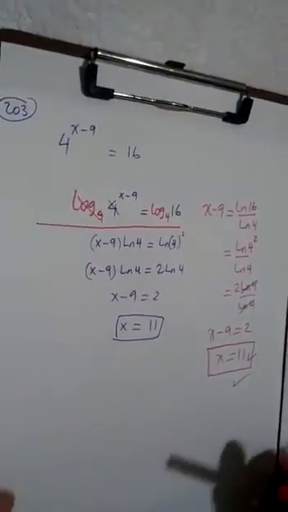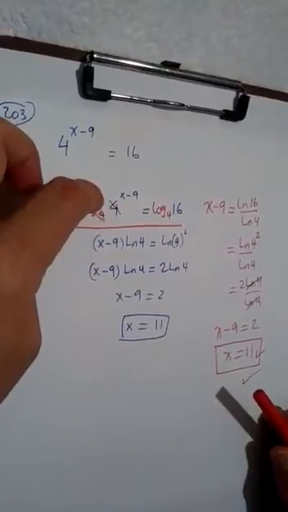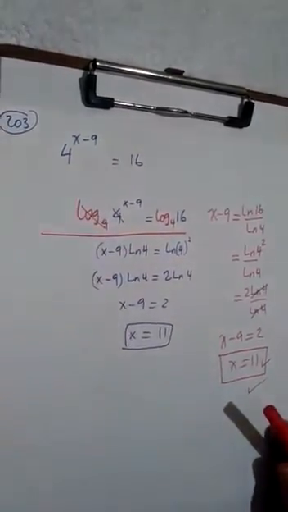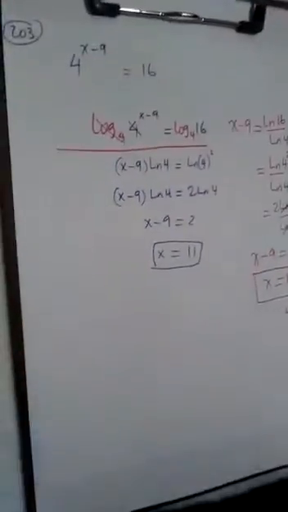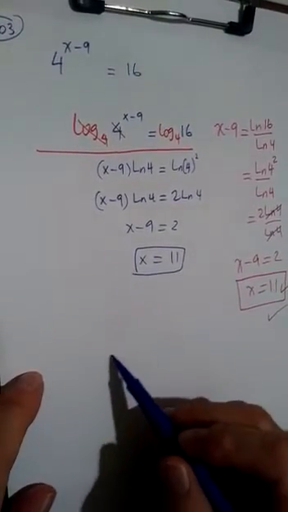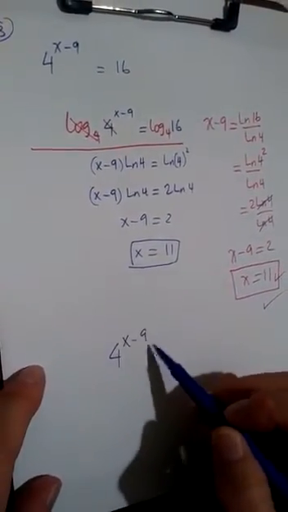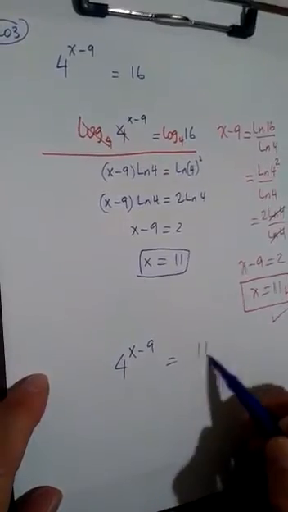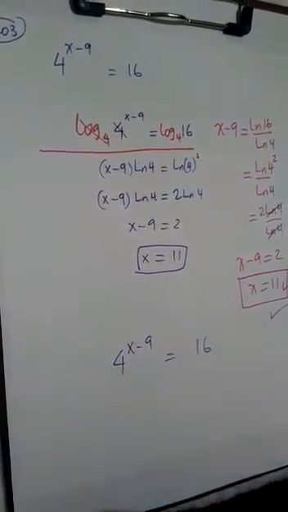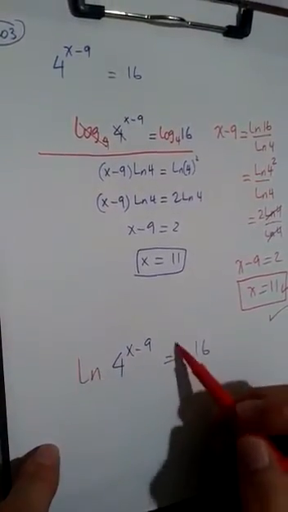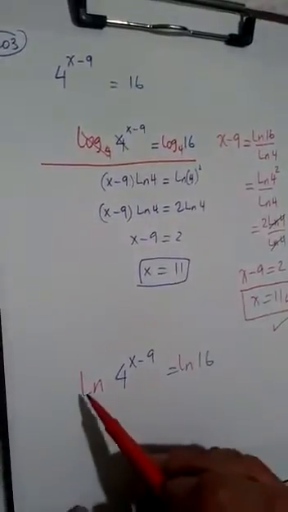But you could also say, instead of taking log in base 4, if you're not sure which log to take, I'll rewrite the equation again. So just take ln of both sides. Okay, this can be simplified.